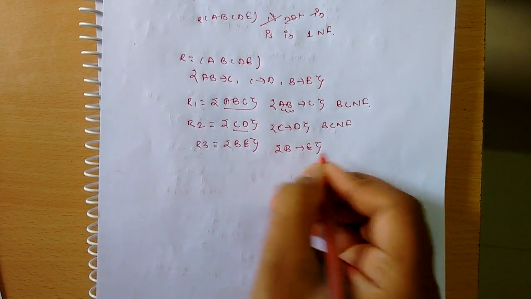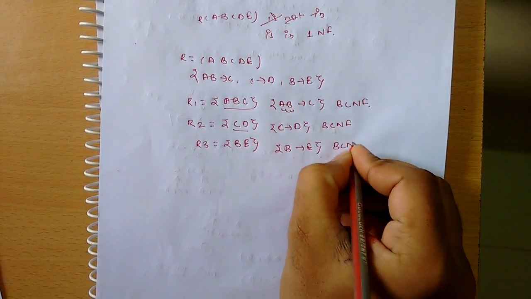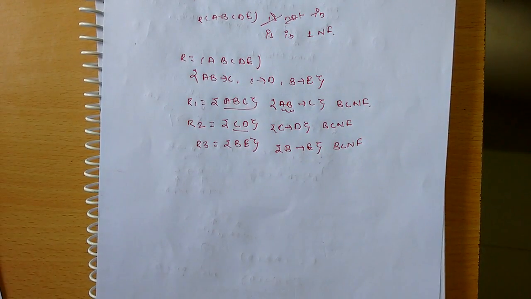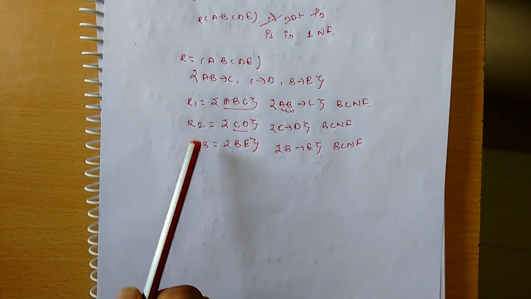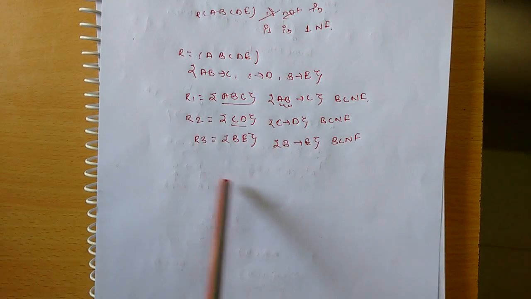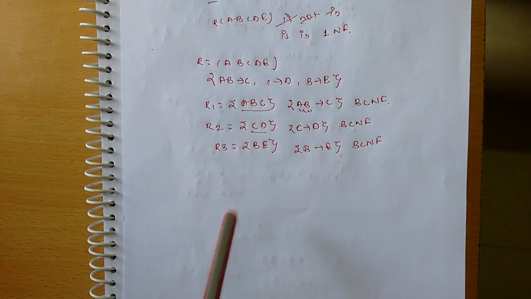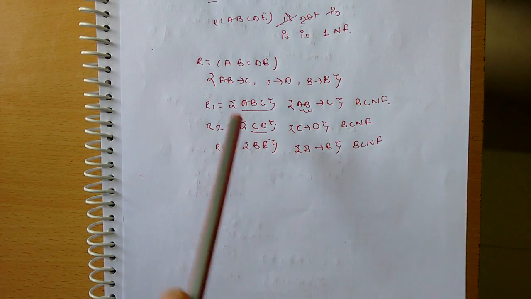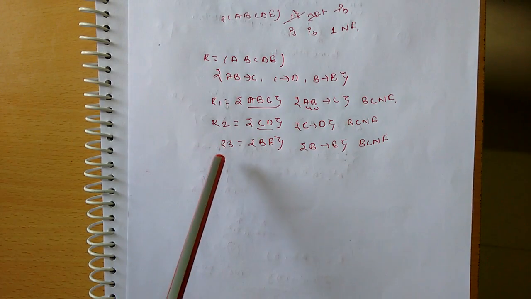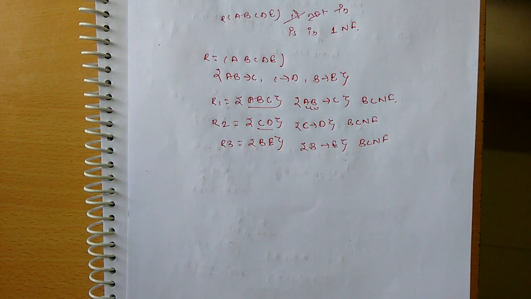After decomposing the relation into three sub-relations, we find that all three relations are in BCNF. It means the redundancy has been removed from these three relations.